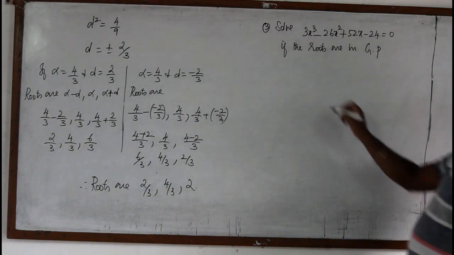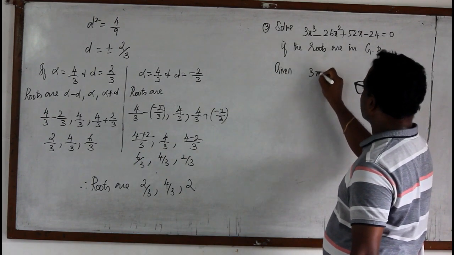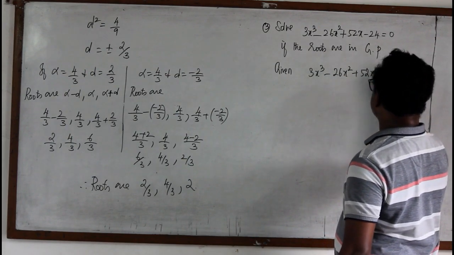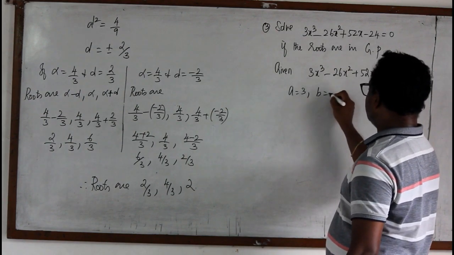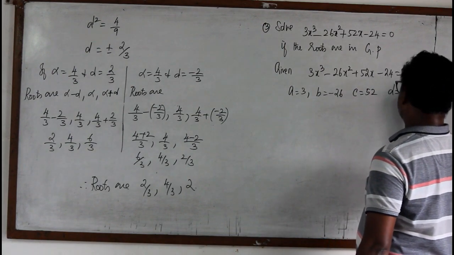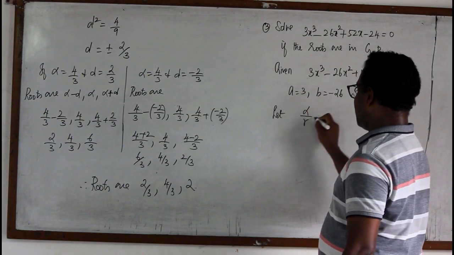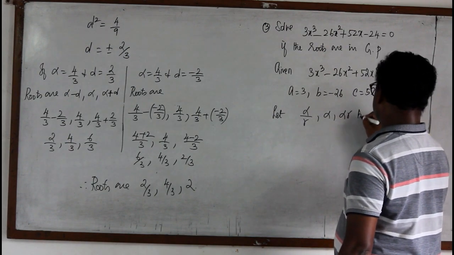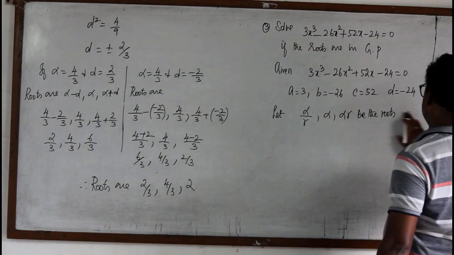Now, given 3x cubed minus 26x square plus 52x minus 24 equal to 0, a equal to 3, b is minus 26, c is 52 and d is minus 24. And let me take the roots as alpha by r, alpha, alpha into r, be the roots, since they are in GP.